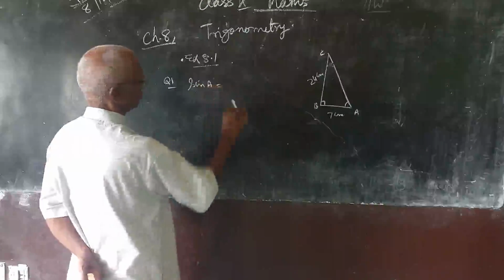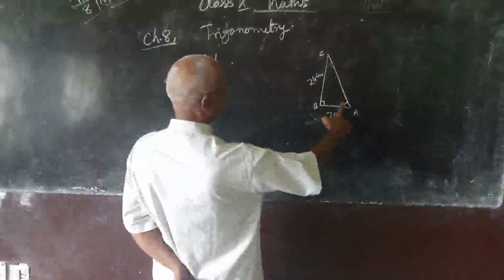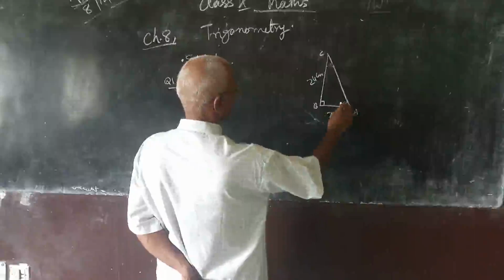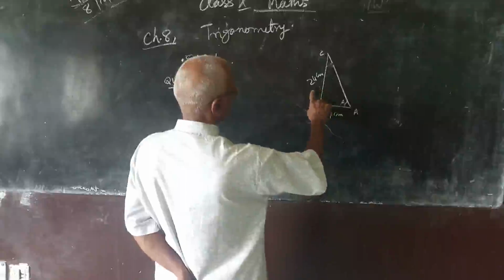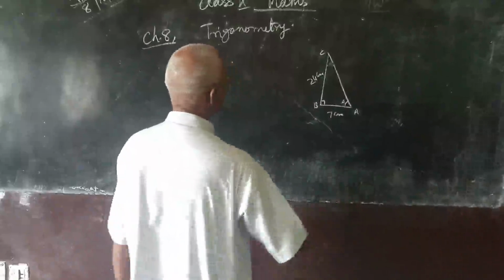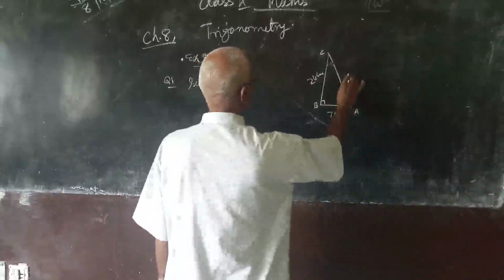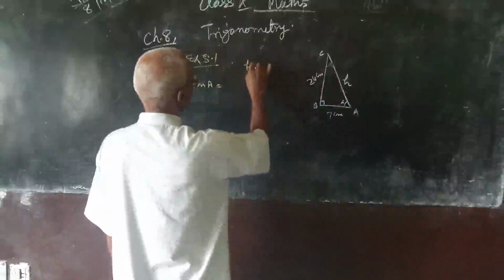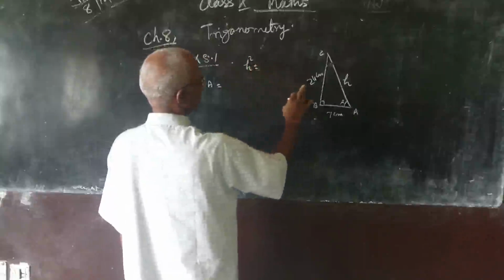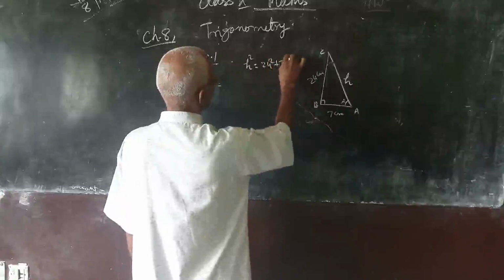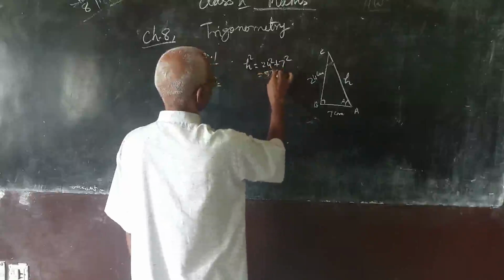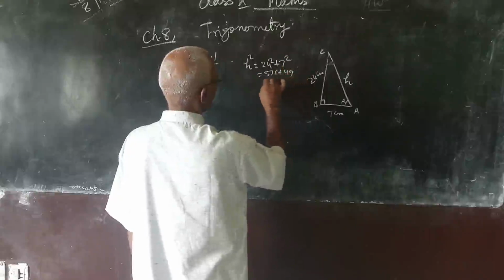As I told you, sine of angle A means perpendicular upon hypotenuse. Hypotenuse is not known here. Suppose this is H. So you know H square is equal to this square plus this square: 24 square plus 7 square. It is 576. 7 square is 49.